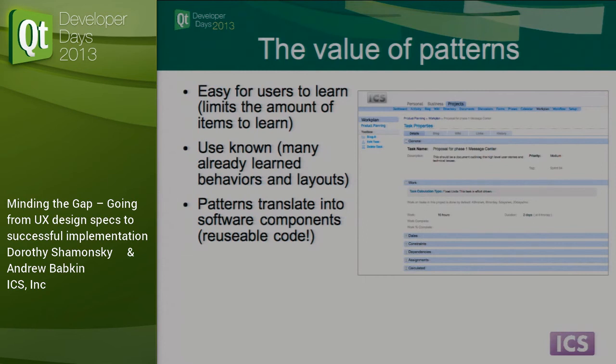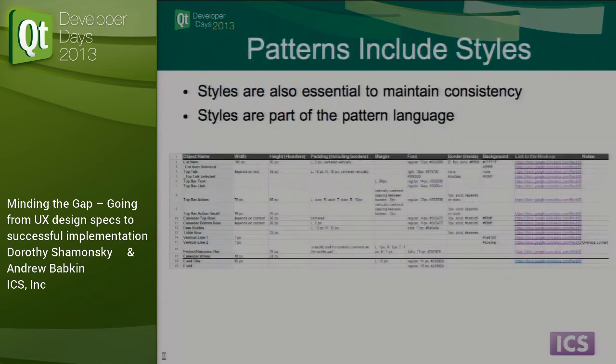And then again, patterns can translate directly into software components. The specification of a design pattern goes deeper into the actual details that can include color specification, font specification, the actual pixel size of any given element on a page.